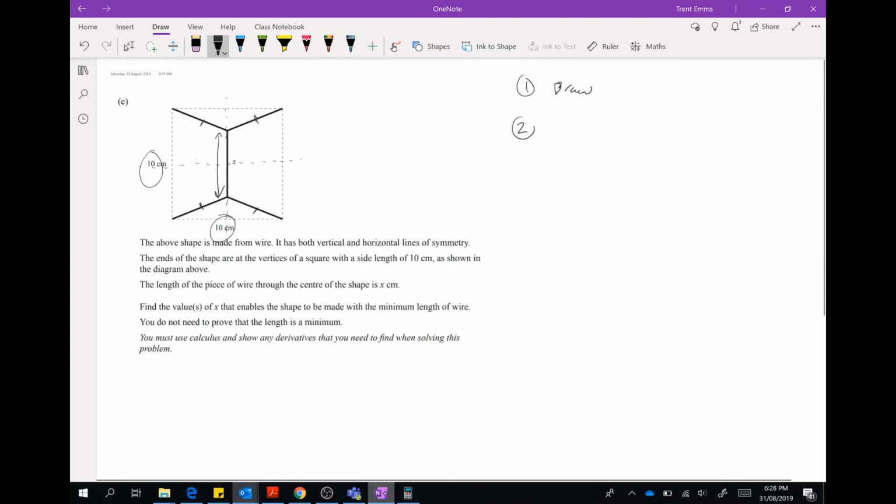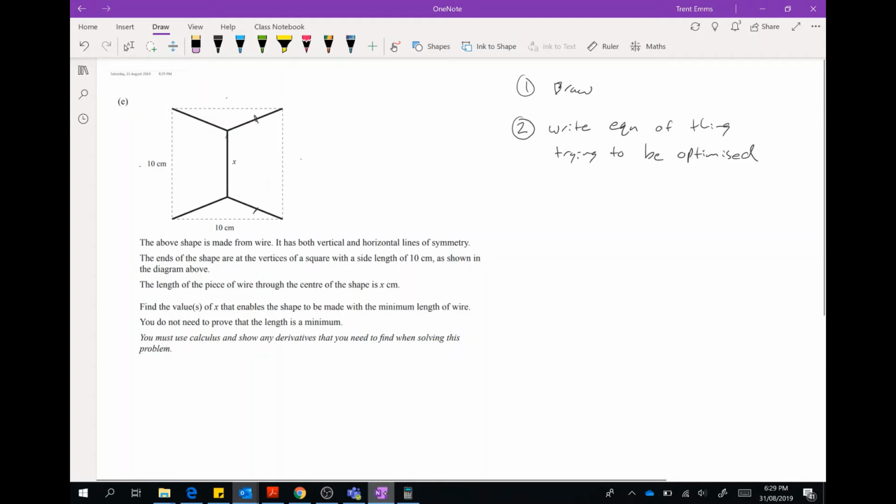Step 2, write an equation of the thing trying to be optimized. In this case it is the length of the bold black wire in the question here. So I'm just going to tidy this up a little bit.